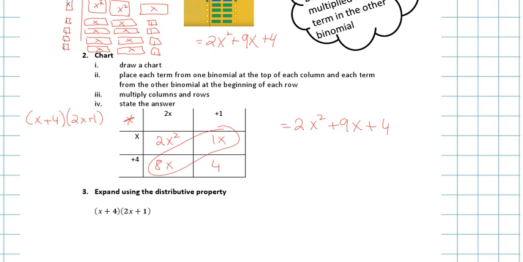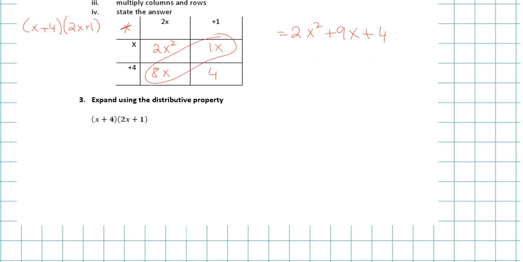Then we have the expand and distribute, using the distributive property. This is probably one of the most complicated of all of them because it's kind of like forcing you to write x times, so you're going to do the x times the 2x plus 1, and then plus 4 times the 2x plus 1, right?